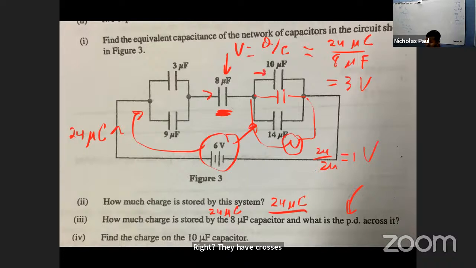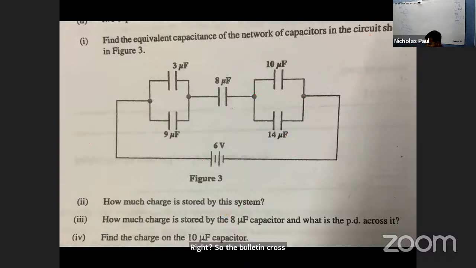No, the voltage is 1 volt, that's when charge. When it combines 10 and the 14 is 24, and it's divided to get the voltage.